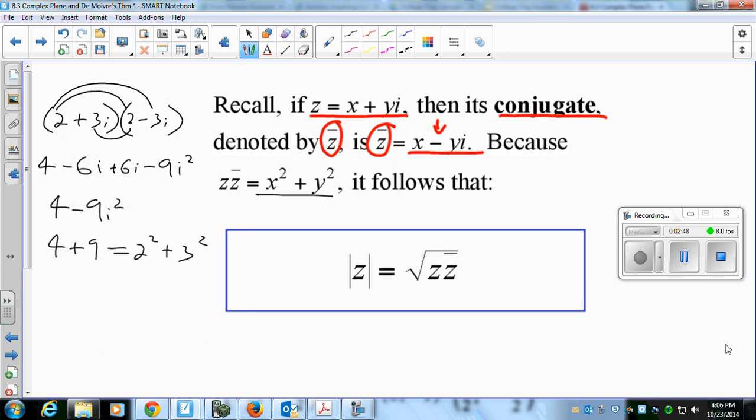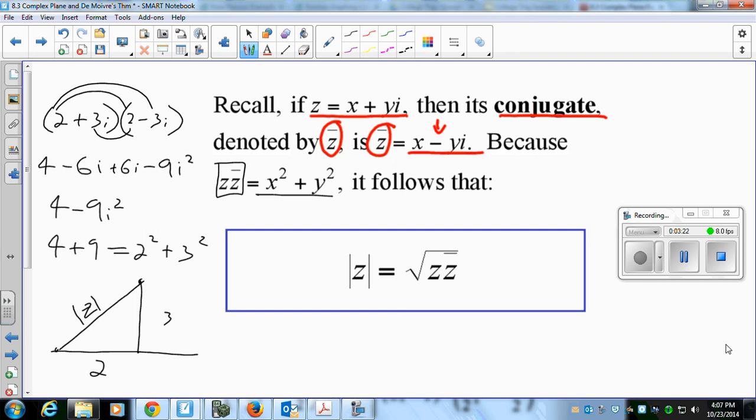Okay, so 2 squared plus 3 squared, that is z times z bar. In order to find the magnitude, if we're thinking about graphing this as 2 on the real axis and 3 on the imaginary axis, and we're trying to find this magnitude, you do 2 squared plus 3 squared, and then you square root it.